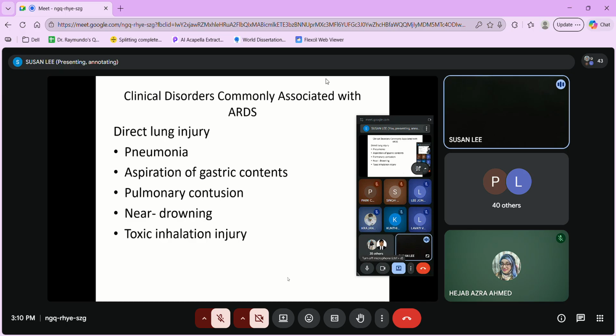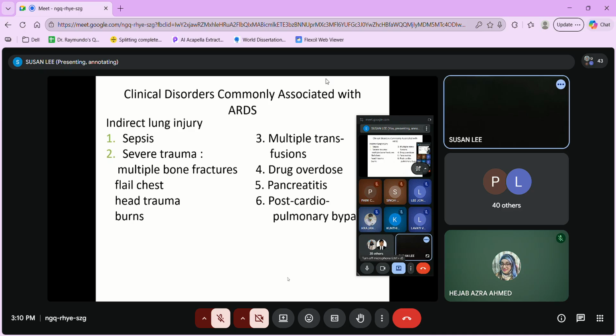For indirect lung injury, as we have said earlier, sepsis is the most common, but other conditions such as multiple blood transfusions, multiple or severe trauma, drug overdose, pancreatitis, and post-cardiopulmonary bypass surgery are also associated with the development of ARDS. Although these have a better prognosis compared to direct lung injury.